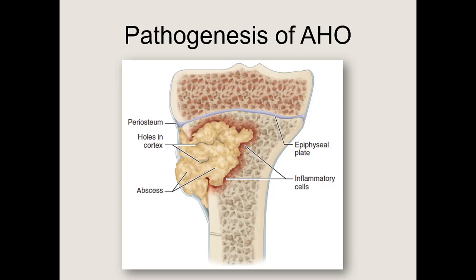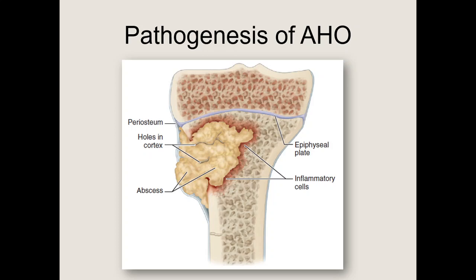So this, if it is not recognized in time by the patient presenting promptly to the hospital, the clinician recognizing this problem and going in and releasing the pus from the periosteum, if this is not done in time, then the bone is going to suffer irreversible damage. And this is what makes acute osteomyelitis nearly a medical emergency.